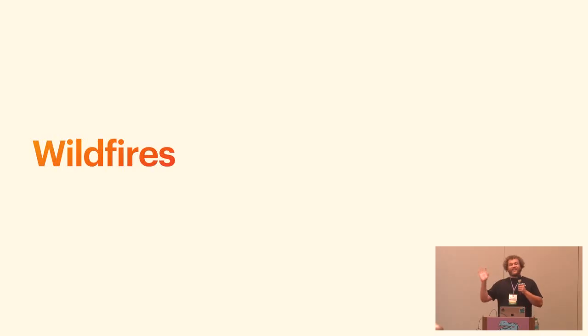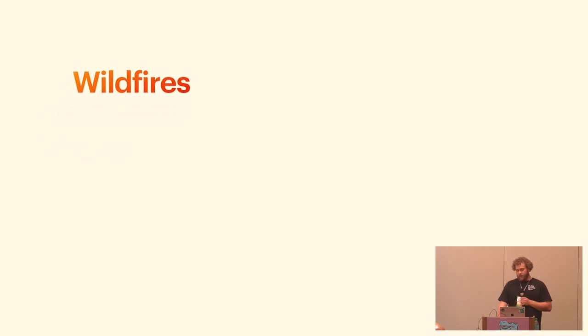So if you take anything away, I would ask that if you are ever in an evacuation zone, or if you have a loved one in an evacuation zone, tell them to leave that wildfire evacuation zone, like, please. But with that, let's turn to some wildfire terminology.